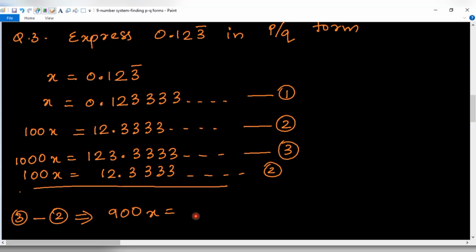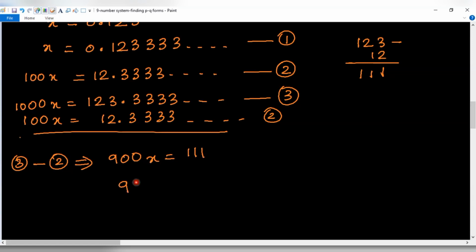The decimal parts will go during subtraction, and we have to subtract 123 minus 12. See here, we have a 1, here also 1, and here also 1. So this is 111. That is, 900x is equal to 111, or we can say x is equal to 111 by 900.